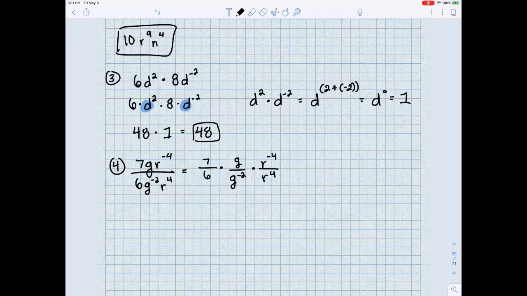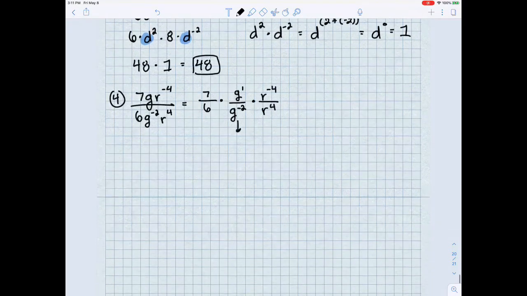Okay, because what's happening is there's a bunch of multiplication in the numerator, a bunch of multiplication in the denominator, and hey, if we split it and multiply all those things together, we get the same thing. So now we have a bunch of things we can work with. Here, I can rewrite g as g to the 1. So remember, if you have a division problem with the same base, which we do, right, we have g's here, all I do is subtract my exponents.